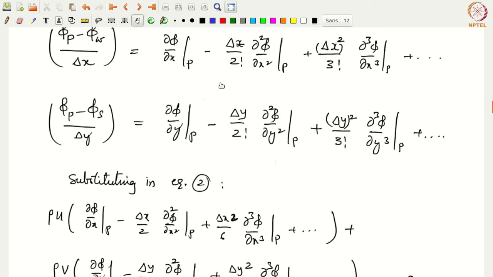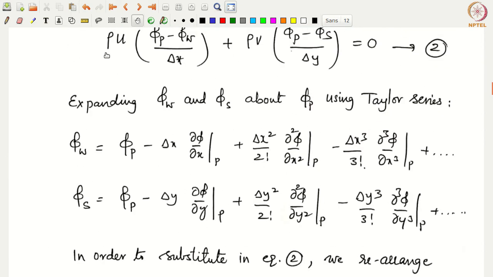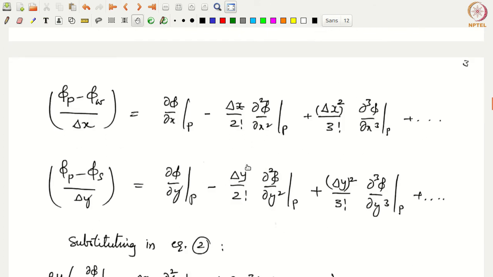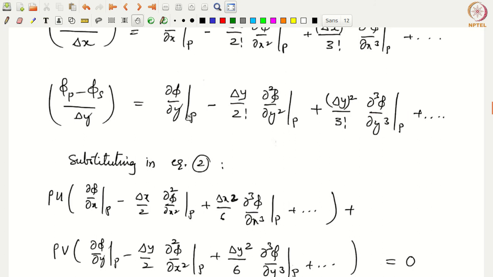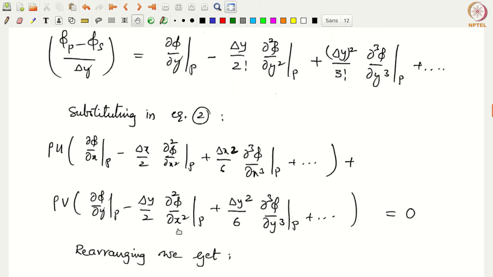Now what we do is we substitute these two quantities in that equation. So what was the equation? The equation was rho u times this quantity plus rho v times this quantity. So that means rho u times partial phi by partial x minus delta x by 2 factorial and so on, plus rho v times partial phi by partial y minus delta y by 2 factorial partial square phi by partial y square, plus delta y square by 6 partial cube phi by partial y cube and so on, equal to 0, right?